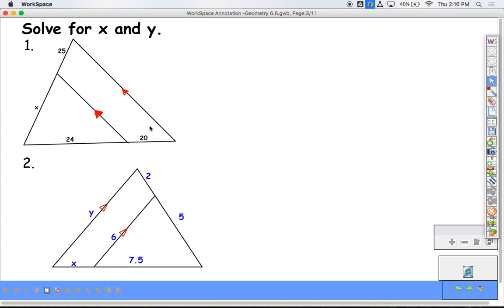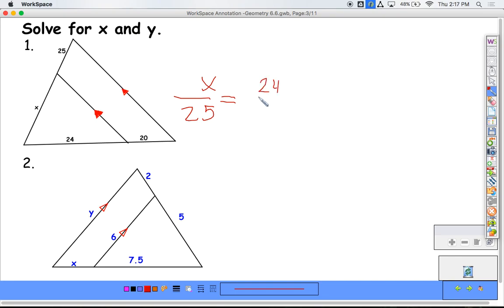So using that, again, here we have parallel lines. So we can say that x over 25 equals 24 over 20.